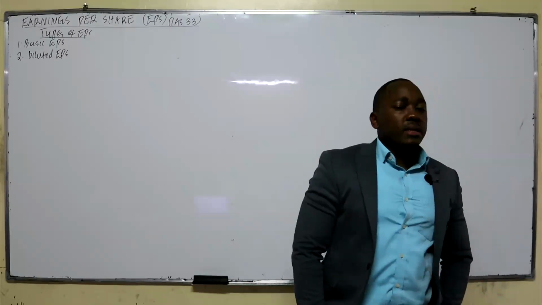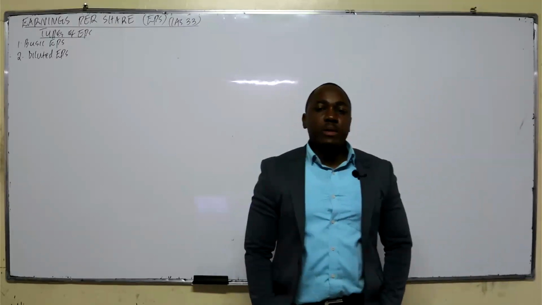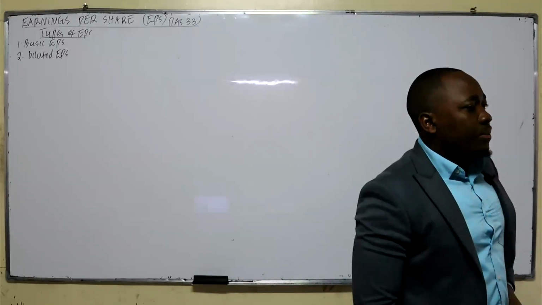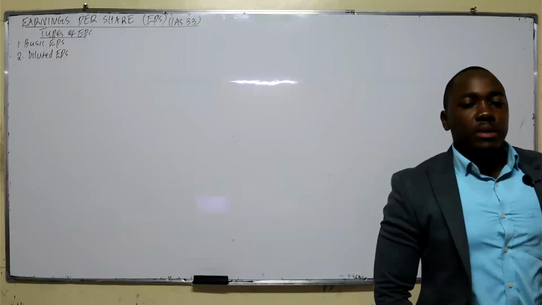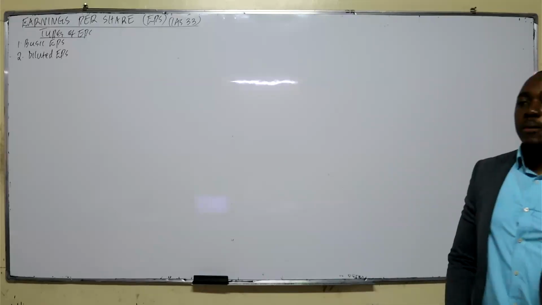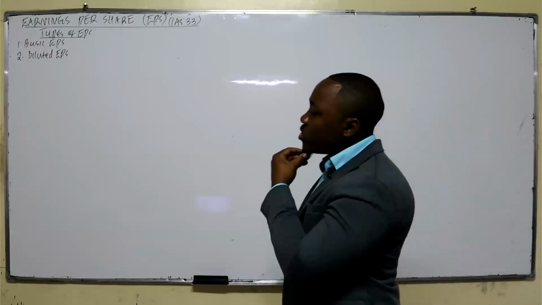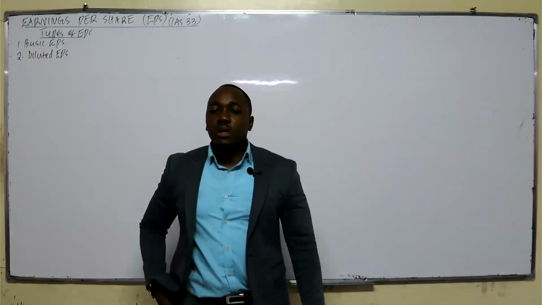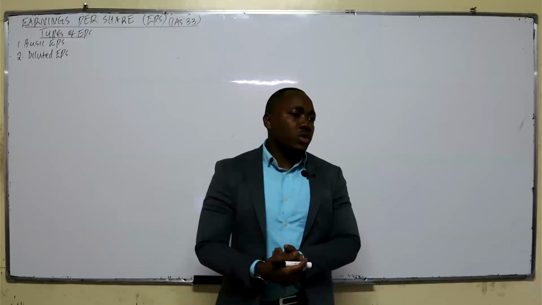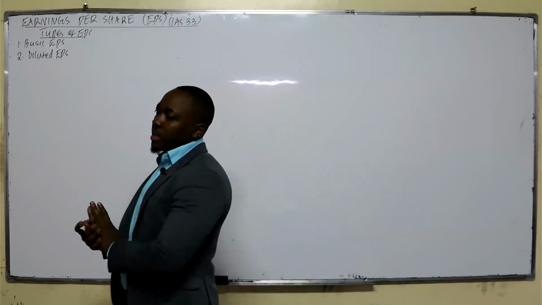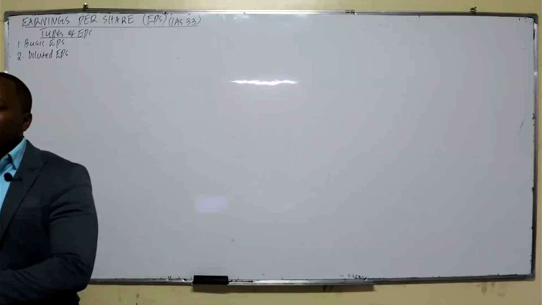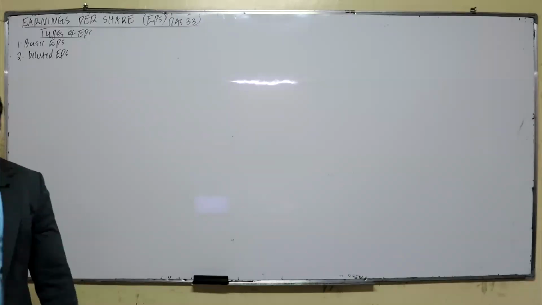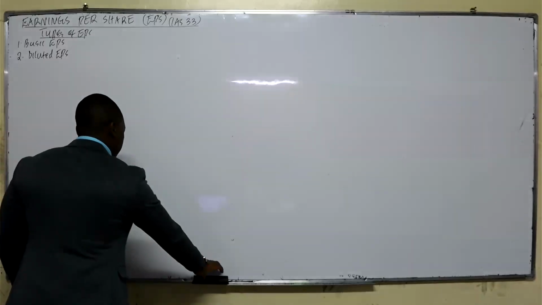Basic EPS only considers the issued ordinary shares. Full stop. It's determined as follows.